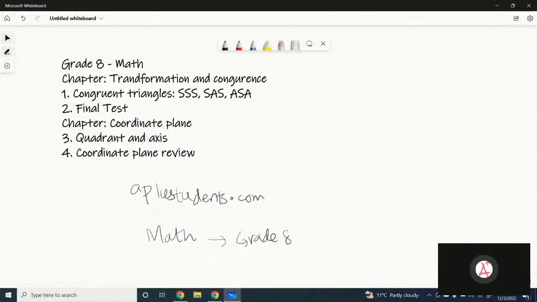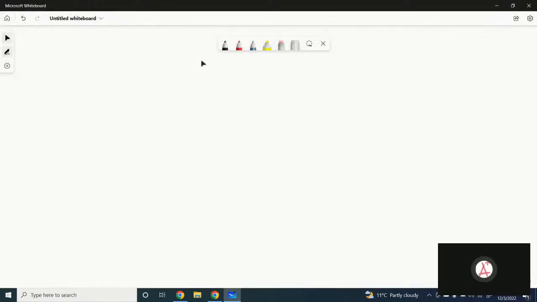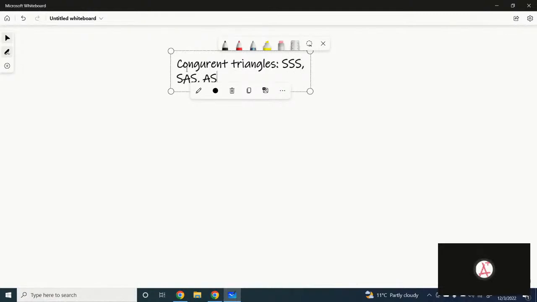Let's start with the first lesson that is congruent triangles, side angle side. Let me write down the lesson name, then we'll start with the lesson. Okay, the lesson name is congruent triangles, side angle side, and angle side angle.